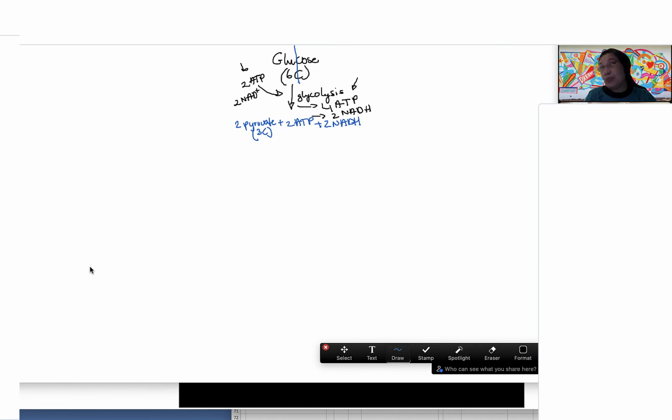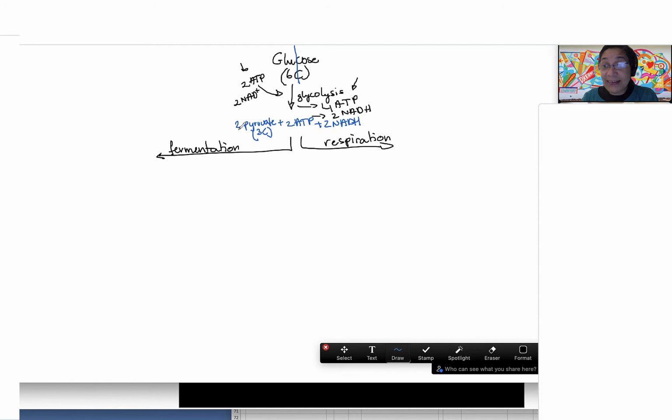And then this is basically a decision point. Now that we've undergone glycolysis, we have 2 pyruvate. The question is, now what do we do? And there are basically 2 options at this point. Okay? Cells can either go the route of fermentation or they can go the route of respiration. Okay?